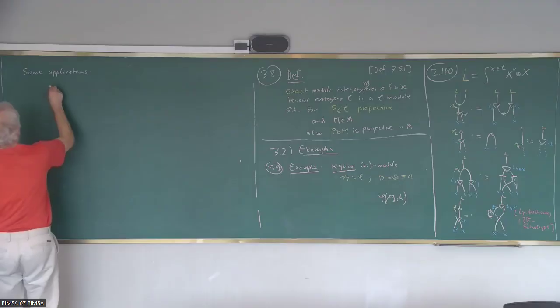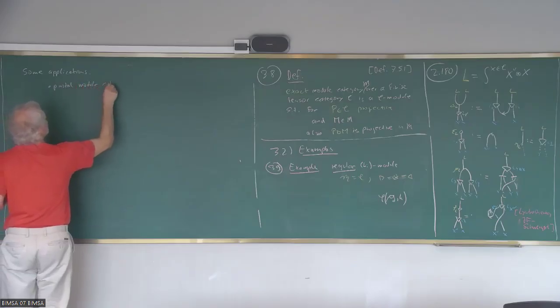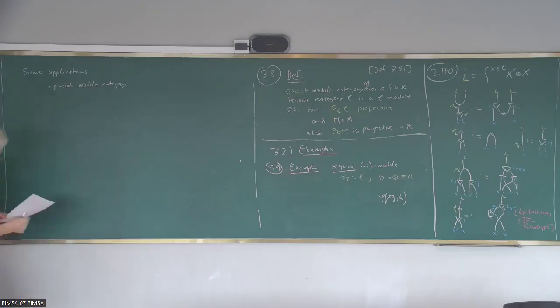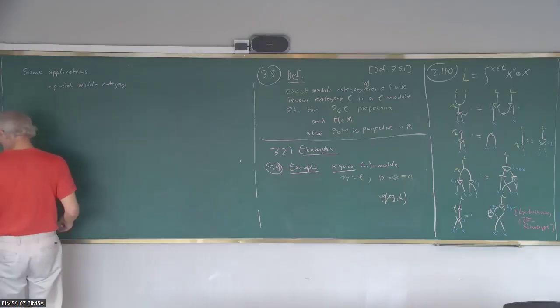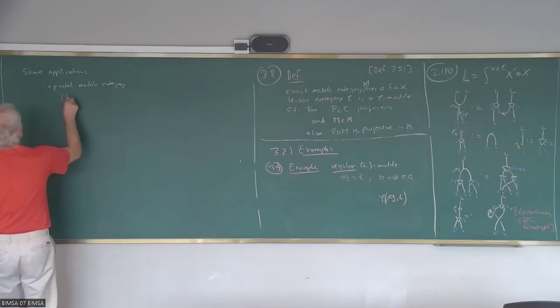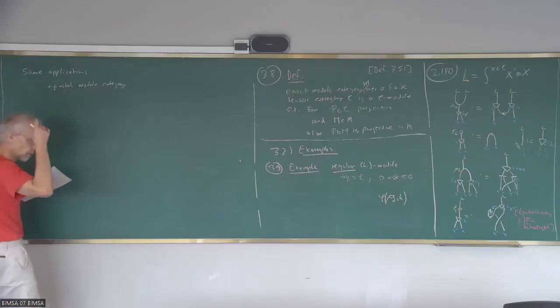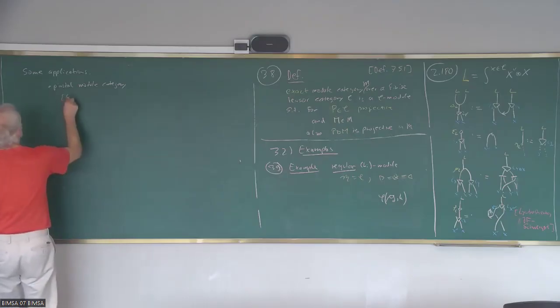There is a notion of pivotal module category, which I don't have time to explain. It's a structure on a module category which is suitably compatible with it being over a pivotal monoidal category, and you find more about this in the third paper by Shimizu that is in the reference list.